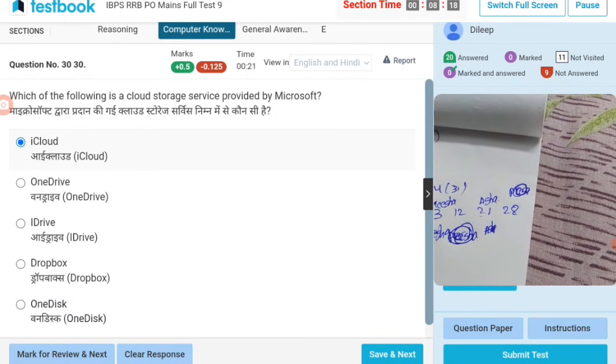Which of the following is a cloud storage service provided by Microsoft? OneDrive or iCloud? I think OneDrive.